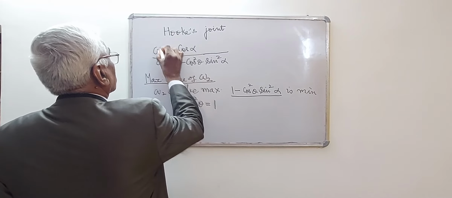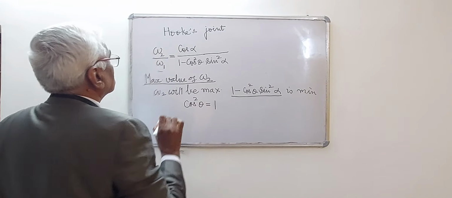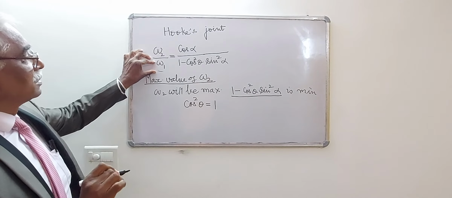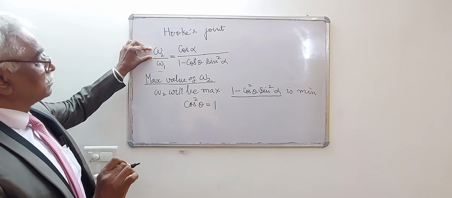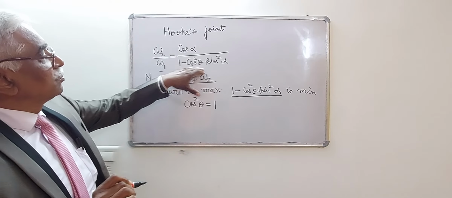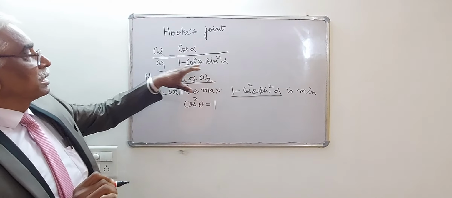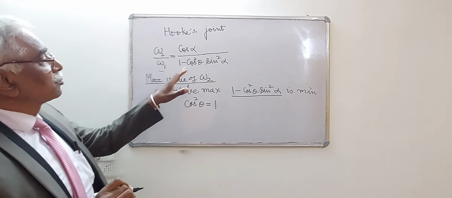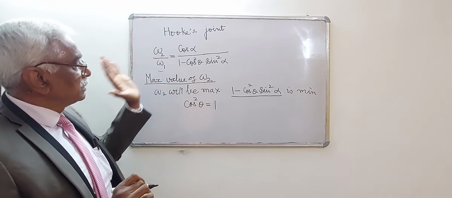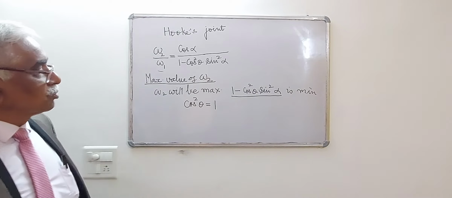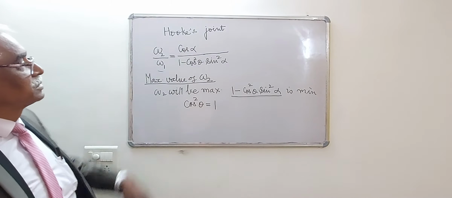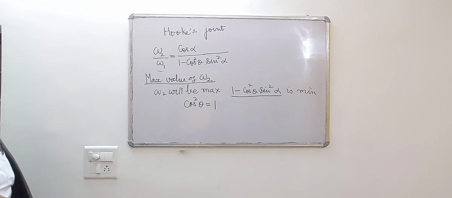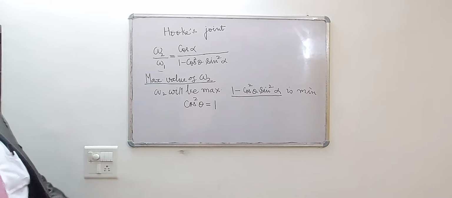It means omega 2 will be maximum when this value is minimum, and this value is minimum when cos square theta is 1, because alpha for a particular situation of rotation of the driving shaft is constant.